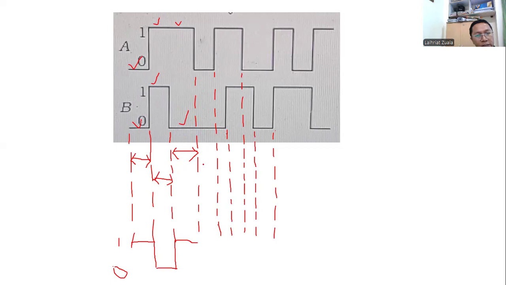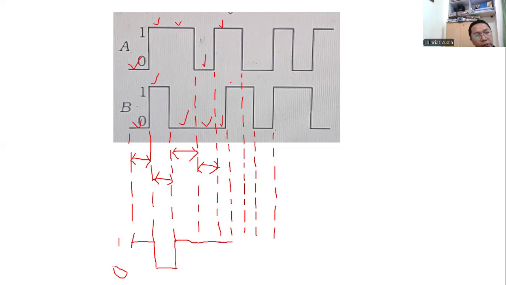Now in this next interval here, you find that A is 0, B is also 0. Then both of them being 0 means the output is 1. And the next interval here, B is 0, A is 1. If one of them is 0, it is still 1.